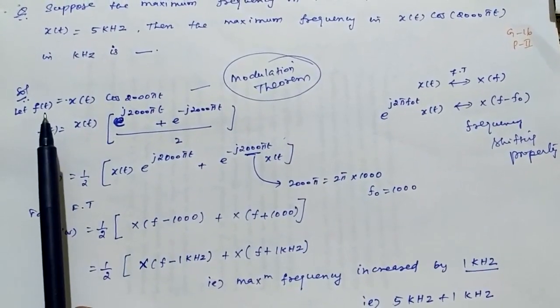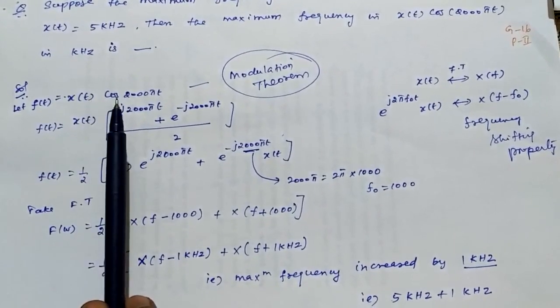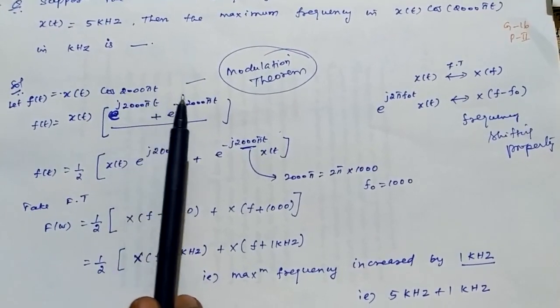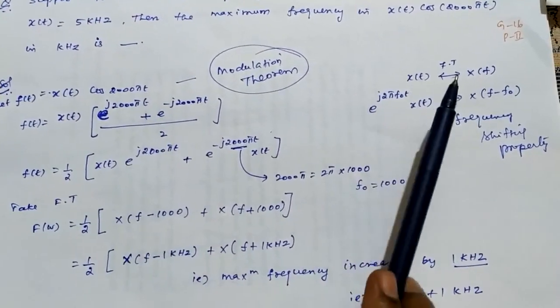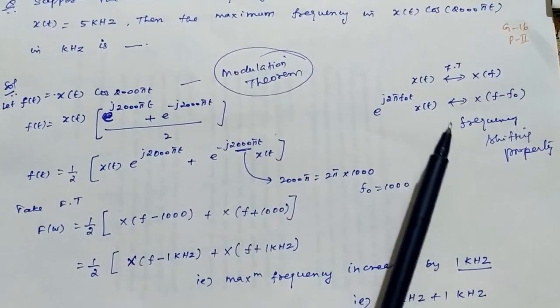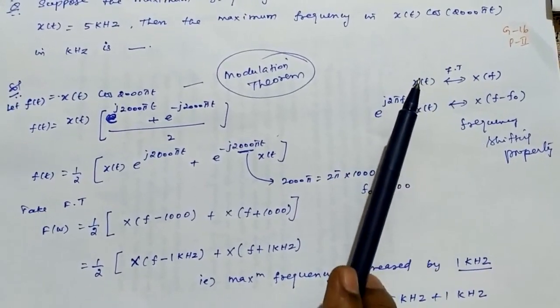Here let f of t be x of t multiplied by cos 2000 pi t. Before proceeding, we will recall the frequency shifting property of the Fourier transform.